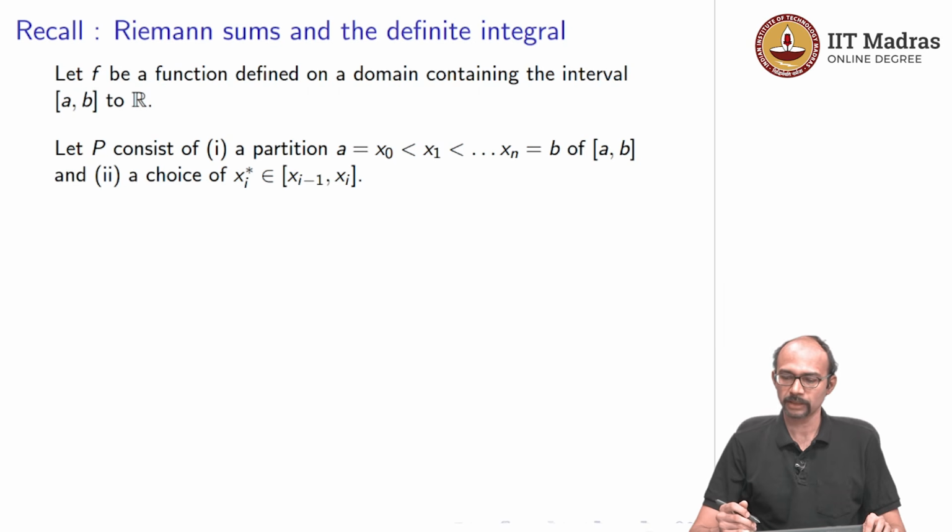Then we chose some particular points within each sub interval. So, xi star is a point chosen from the interval [xi minus 1, xi].